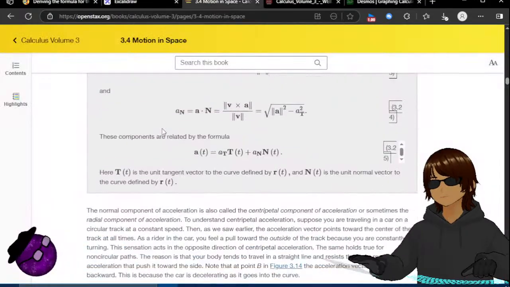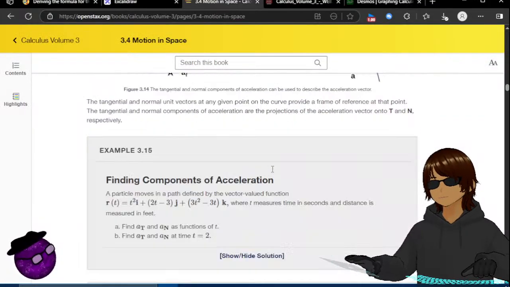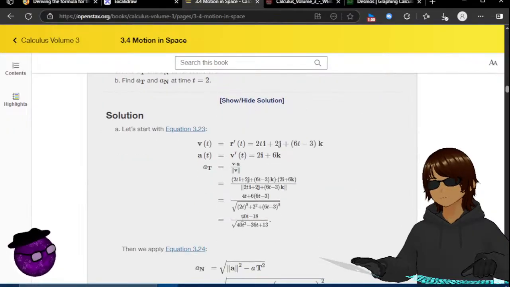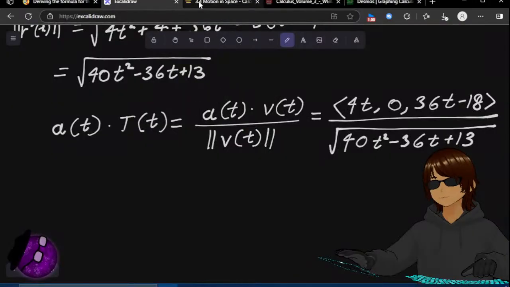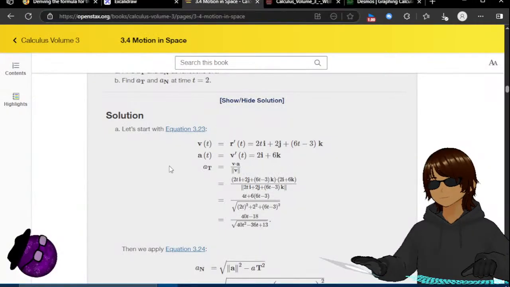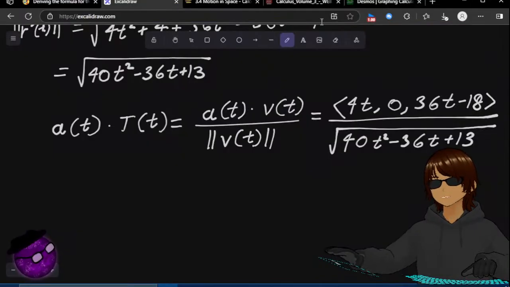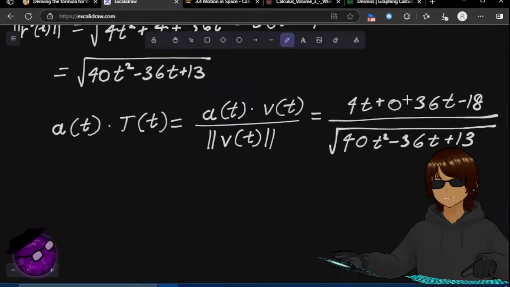Is this okay? Just for the t component, is it correct? Wait, the dot product. Oh yeah, we multiply each component and then we add them, right? I forgot. Plus.